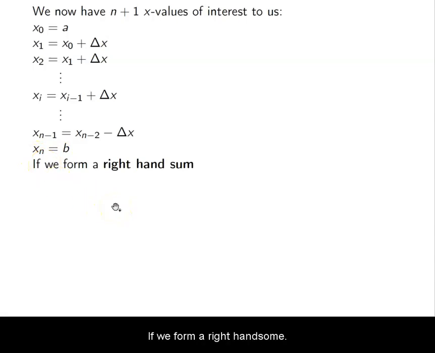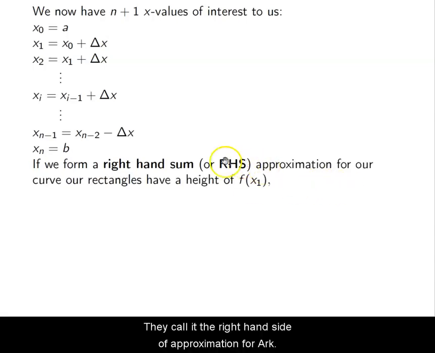If we form a right-hand sum, I'm always using the right side piece. So I'm not going to use x naught, but I'll use all of the other terms. We call that a RHS, a right-hand sum, because the heights of my rectangle are given by the right side. So we call this a right-hand sum approximation for our curve.